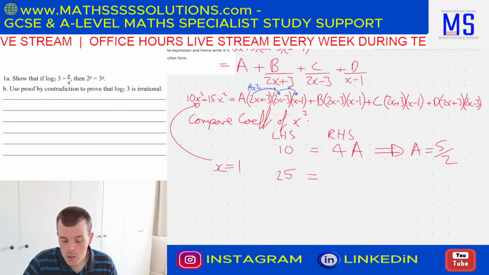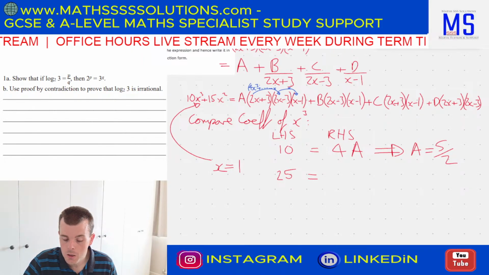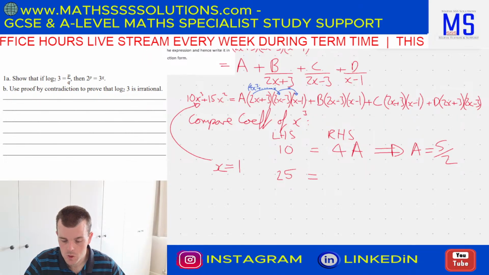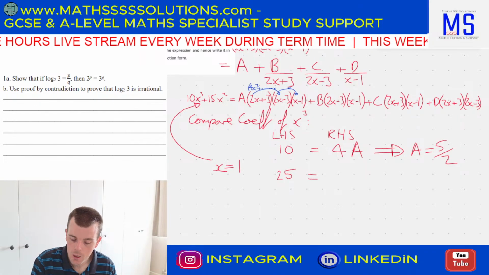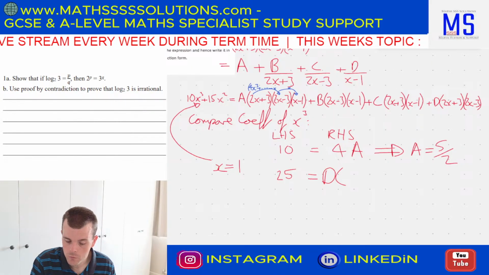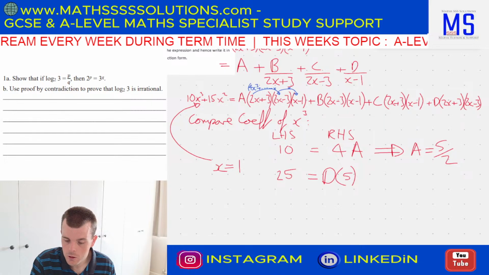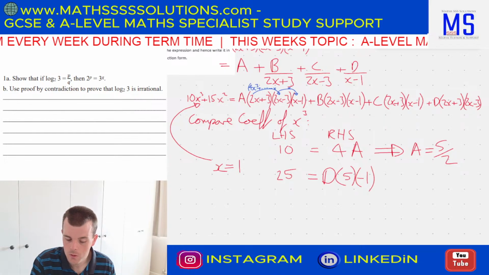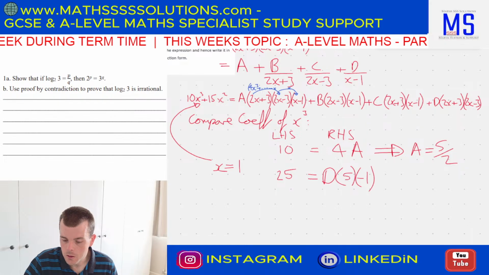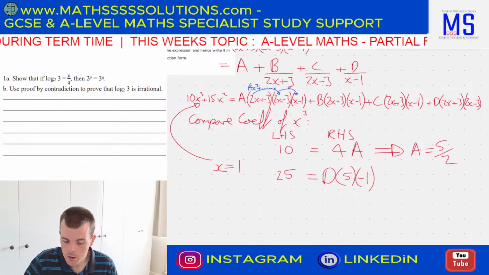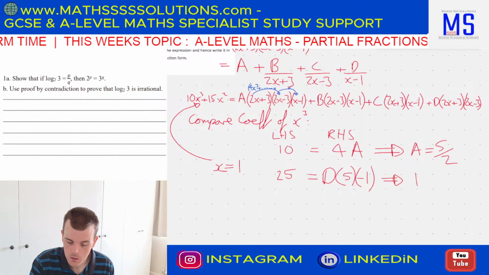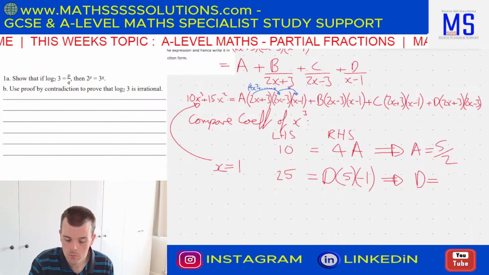Now the reason why I've chosen x equals 1 is because when you sub it into the x minus 1 bracket it disappears, so A times 0, B times 0, C times 0, and you're just left with D times 2 plus 3 is 5, 2 minus 3 is minus 1. So what you're left with there is minus 5 times D is 25, so it implies D equals minus 5.